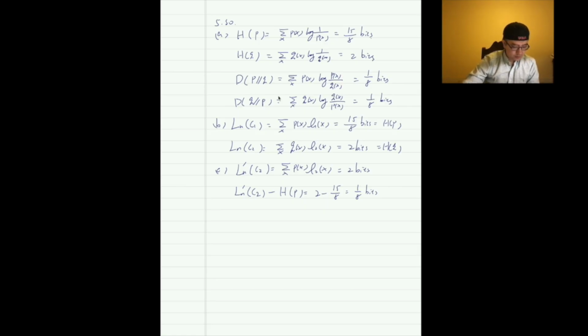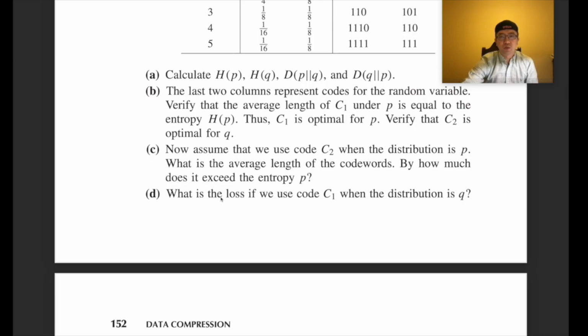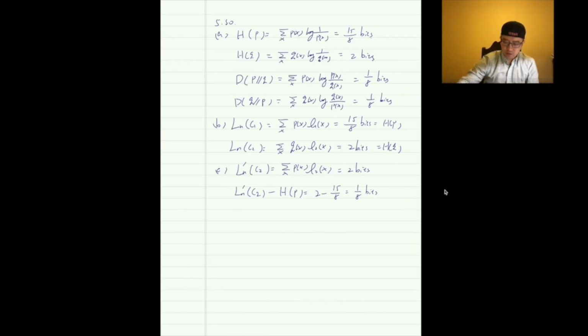And then let's see the last part. The last part is the reverse, right? What is the loss if we use code 1, but the distribution is Q, right? So for part D, we denote this as L prime of C1. Now the true distribution is this guy, and then this is 17/8 bits, right?